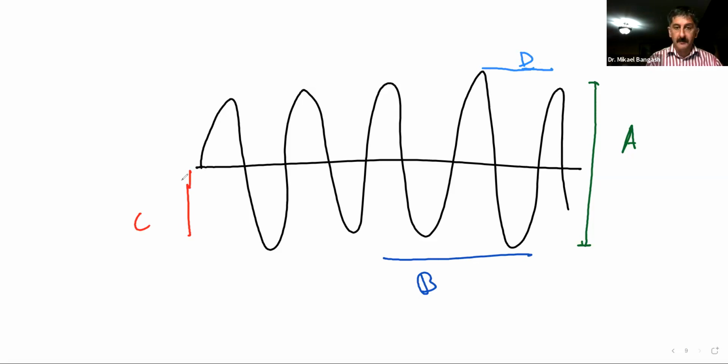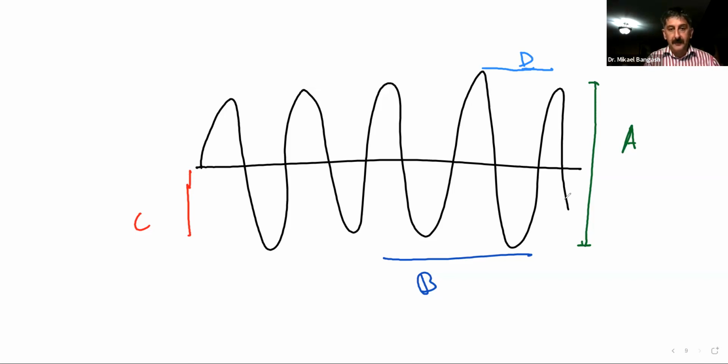Now, question number 6 just asks us which of the following best describes the line identified by the letter E? And what we have is amplitude, period, frequency, wavelength, and peak to peak amplitude. Clear?